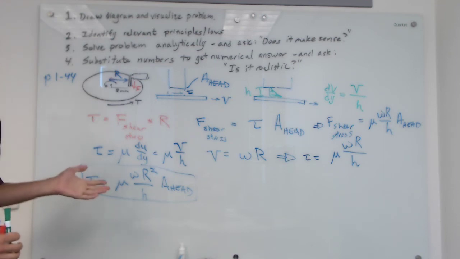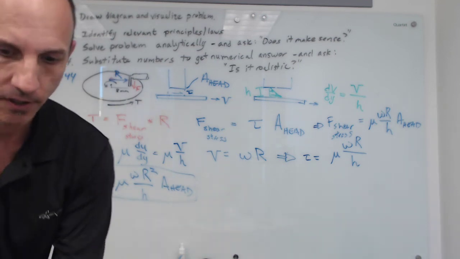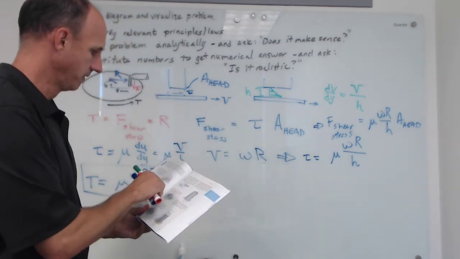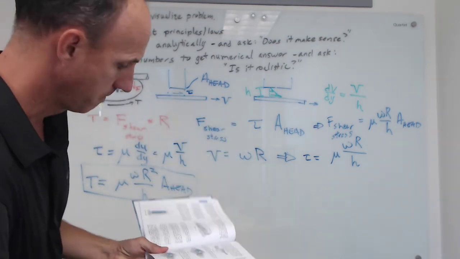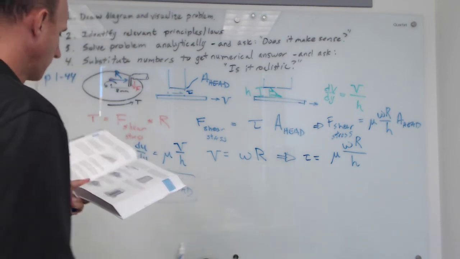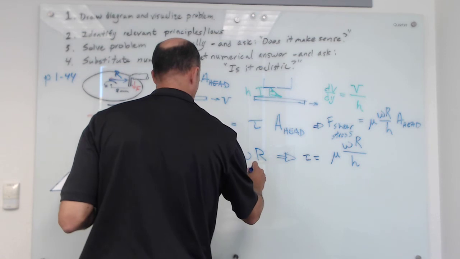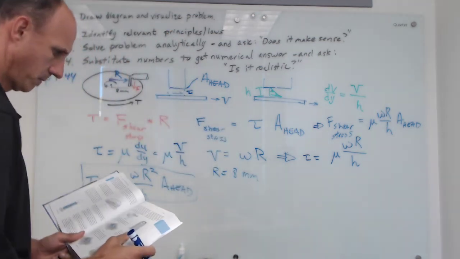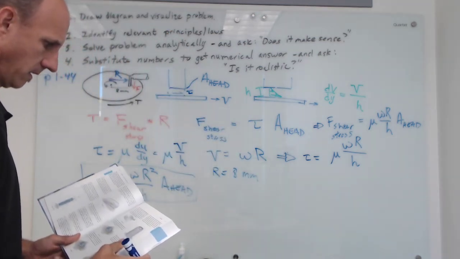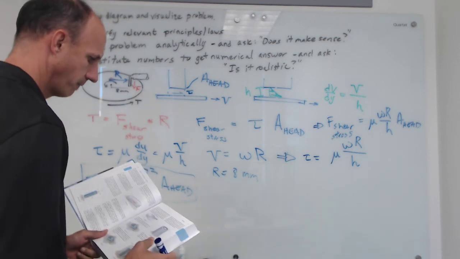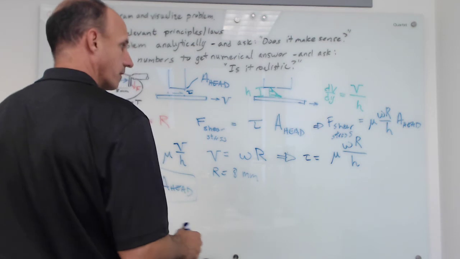My last step is to substitute numbers. So I go back to my problem, and I say, what are the numbers I have? In this case, I know that the radius is 8 millimeters. I'm told that the head has an area of 0.04 square millimeters.